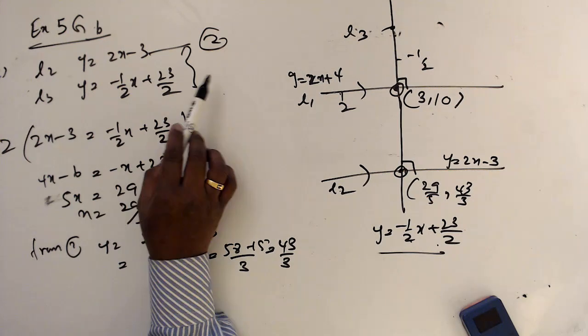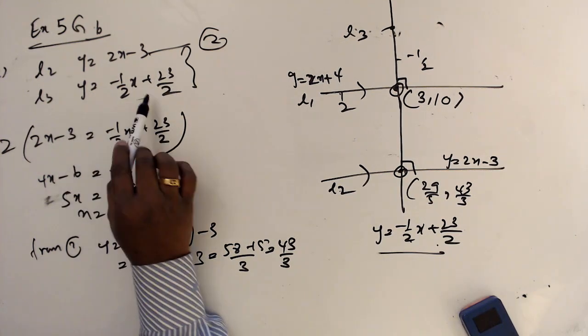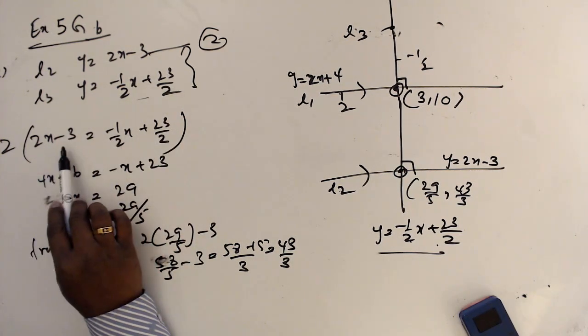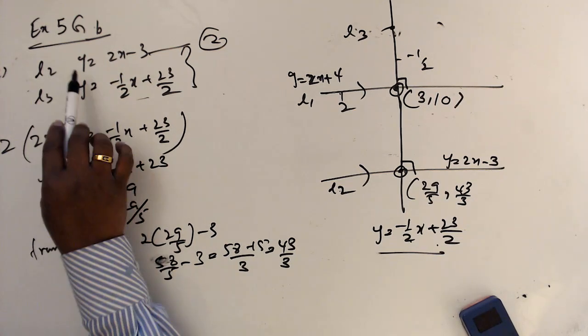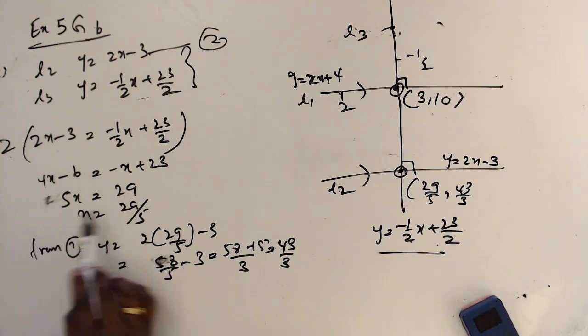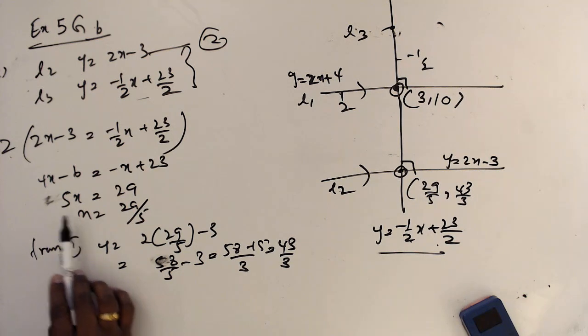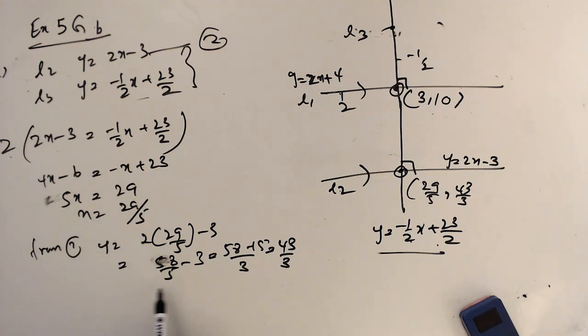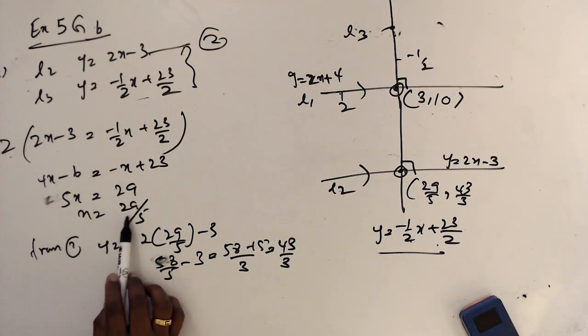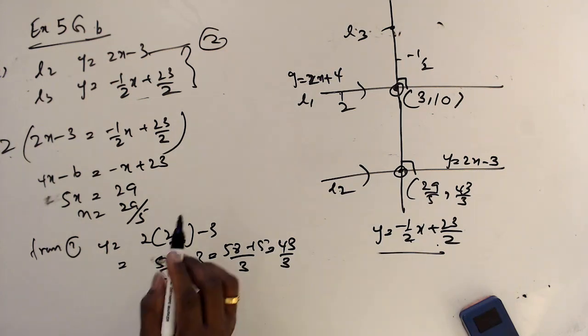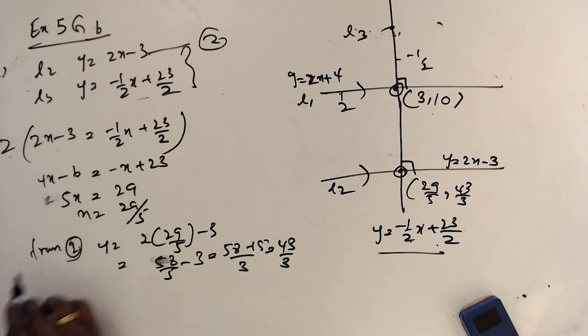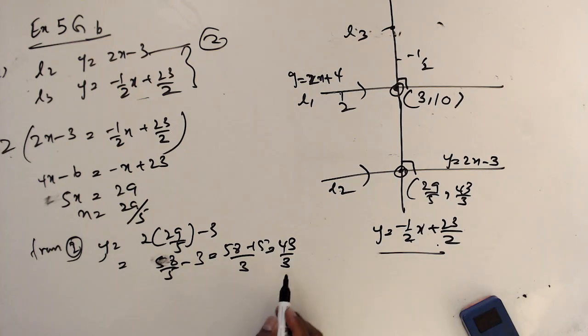So what I did was, L2 equation, this is L3. I make them equal since y is the same, then multiply by 2 and simplify. And I got x equal 29 over 5. Substituting into L2, y equal 43 over 5.